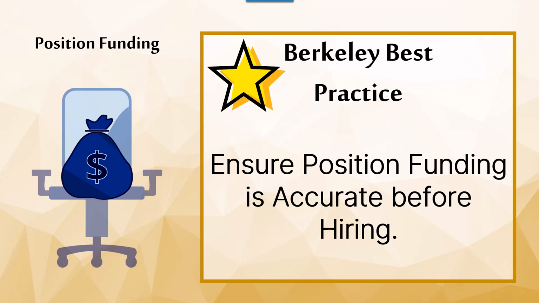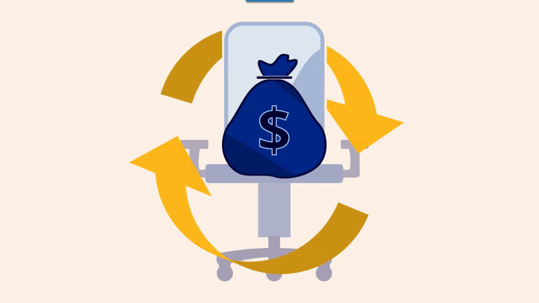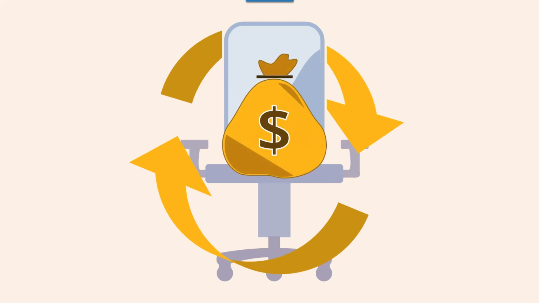Since the funding is associated with the position number and department rather than the individual employee, it remains in place when the employee leaves and a new incumbent is hired into the same position. However, the funding allocation may require adjustments to align with the new incumbent's specific funding sources or compensation structure.